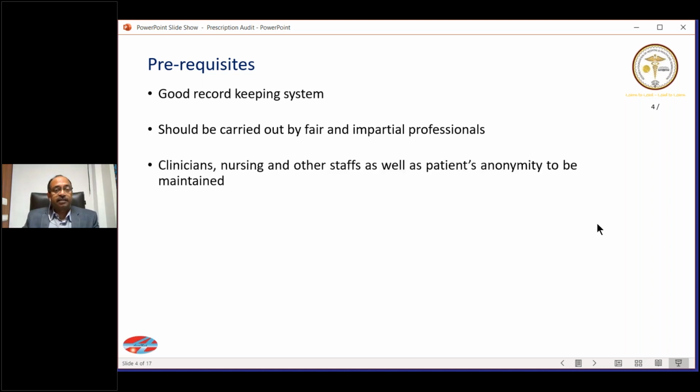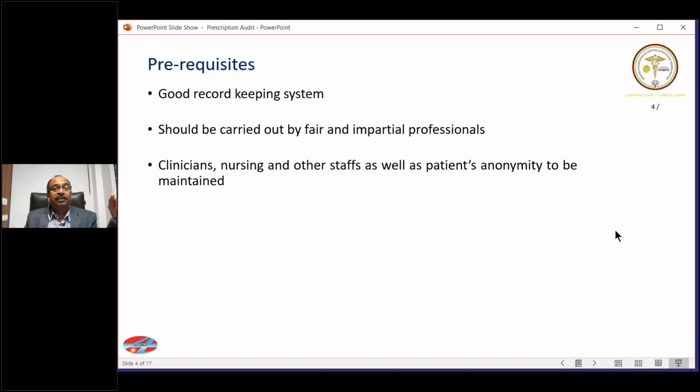The clinicians, nursing, and other staff, as well as patients' anonymity is to be maintained. Now, in the health system, any audit that we carry out should never end up in a situation where we are pointing finger at somebody.